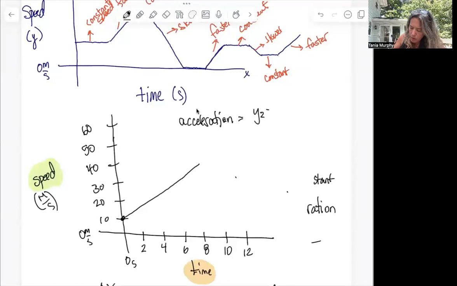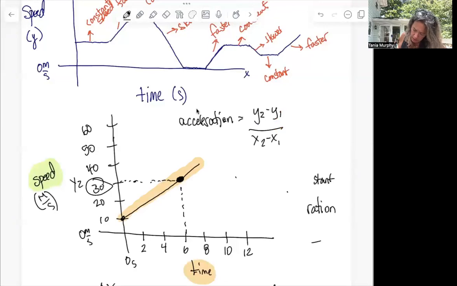Acceleration equals y2 minus y1 over x2 minus x1. So we'll go to our line and we will get some good points on it. Let's go 30. So this here is Y2, this here is Y1, this down here is X2, and this down here is X1.